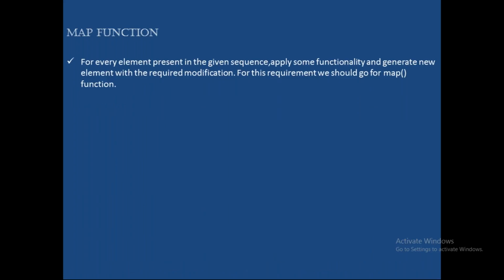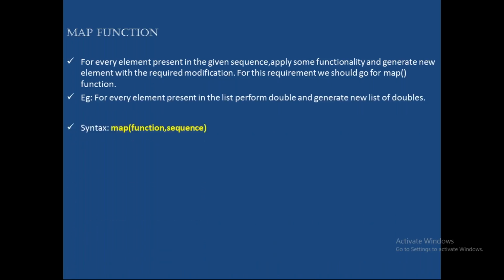Next, go to the map function. See, filter means to filter out the values, but the map function works differently. The map function syntax is also the same. From the sequence, one by one you pass values to the function, but map will transform the data. It will not filter out. Filter basically filters values.